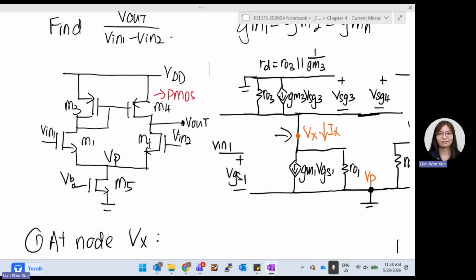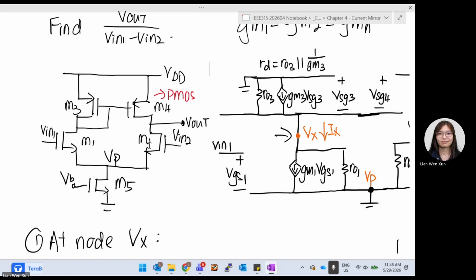Now at node X, can we say the current that flows through node X is 0 minus Vx divided by RD? Because we assume all current flows downwards. So top is 0, here is Vx. So 0 minus Vx divided by RD is the current that flows down.